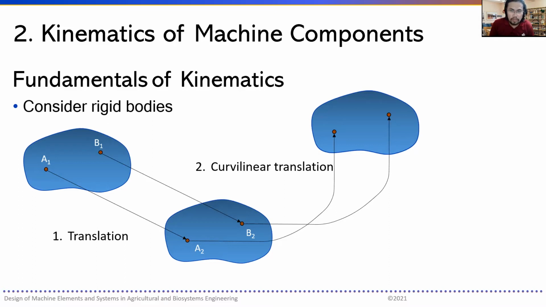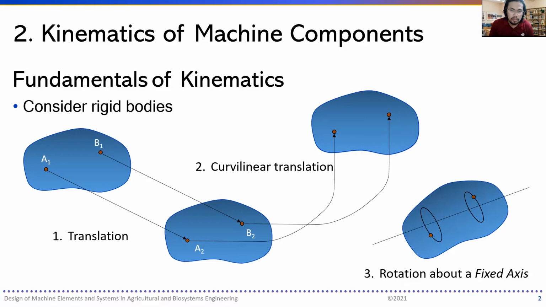Now, there's rotation about a fixed axis as shown, and the points are not labeled, but accordingly, the points should revolve about a fixed axis, and at some point, they should be at the same distance from that fixed axis.